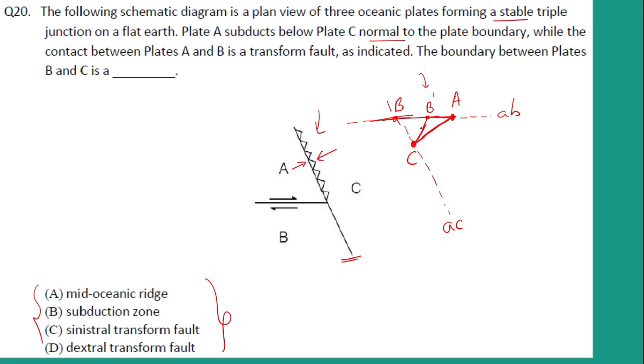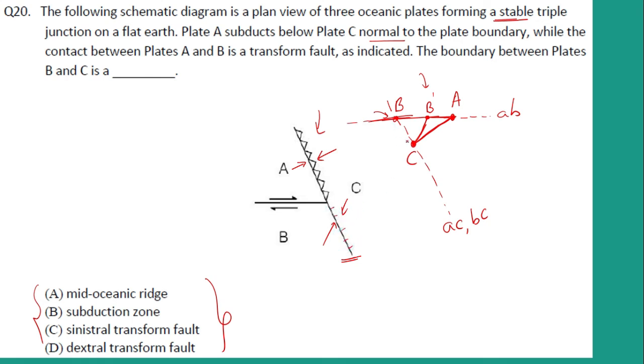So let us find out the velocity vector BC and see if it is passing through this common point, because AB and AC are already intersecting at this point. The BC velocity vector must overlie this AC vector, right? Then only will this be a stable triple junction. For doing that, it must be a subduction zone in this fashion, just parallel to this BC line we have drawn, which is a possibility because in this case C must be overriding.